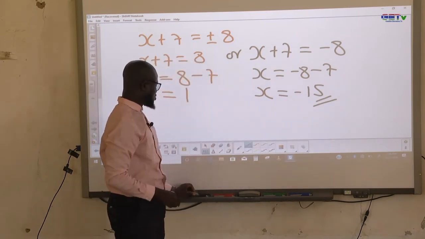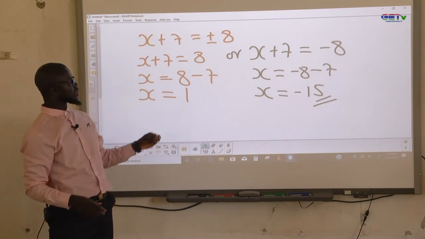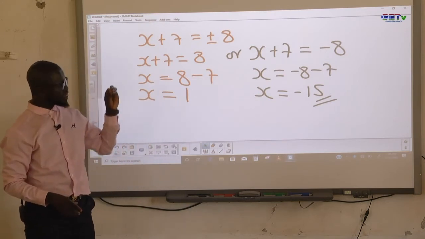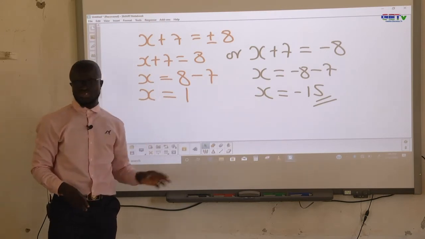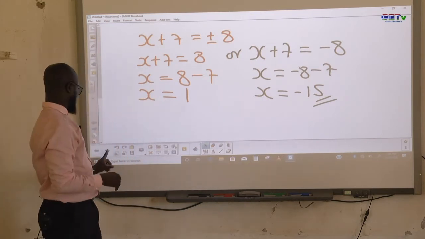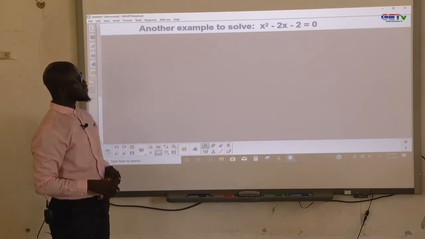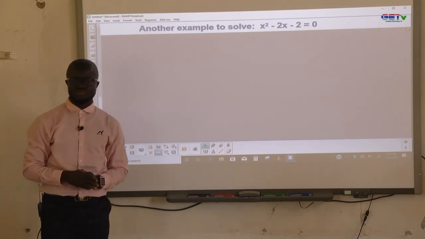So these are going to be the solutions for the equation x squared plus 14x equals 15 by the completing the square method. Another example to solve is here.